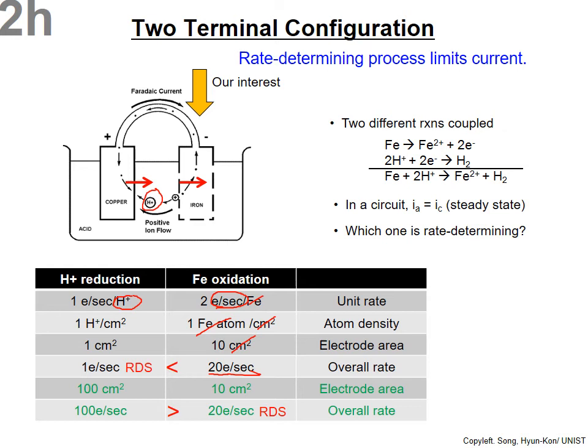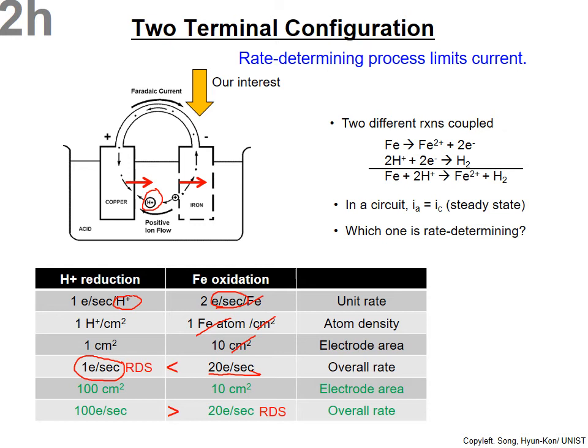Also, for every centimeter square you can find 1 proton on the surface of the copper electrode. And also I have used a 1 centimeter square copper electrode here. Then the overall rate of proton reduction is 1 by 1 by 1, equal to 1 electron per second. It means 1 electron is consumed on the copper electrode for a second.